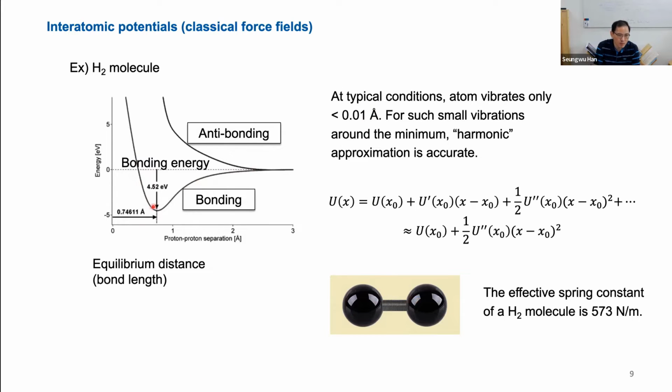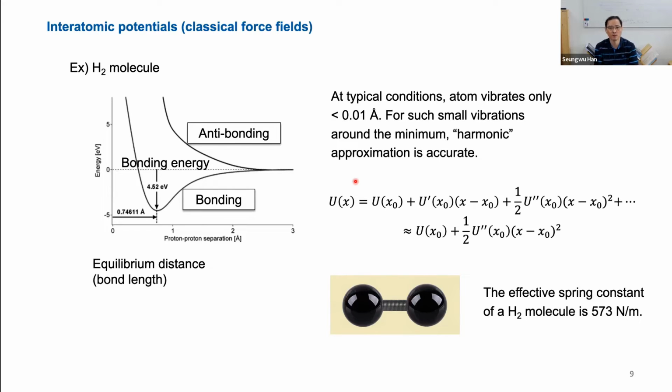So the minimum energy point gives you an equilibrium distance, the proton-proton distance in the H2 molecule, and the vibration distance is actually less than 100 angstrom. It's a very small vibration. If you see this vibration, you don't actually recognize that it is vibrating.